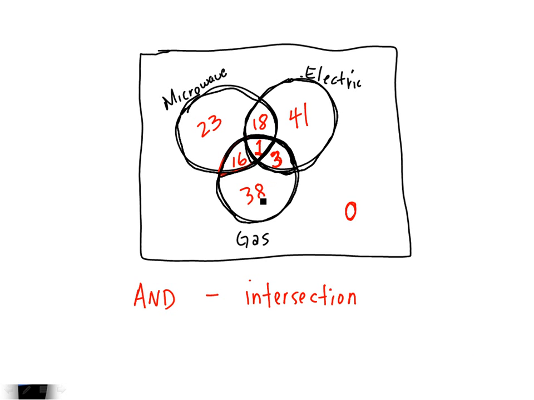So it'll be 23 plus 41 plus 38, which is 102. If I say, how many people use none of these things, microwave, electric, or gas, you would say 0.